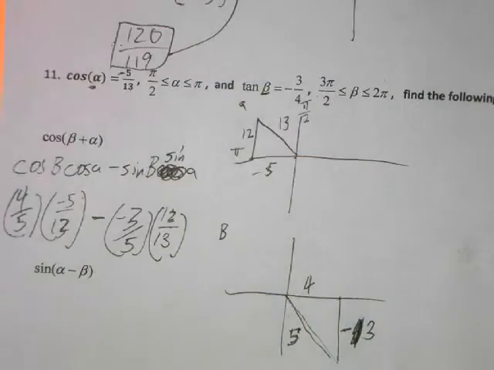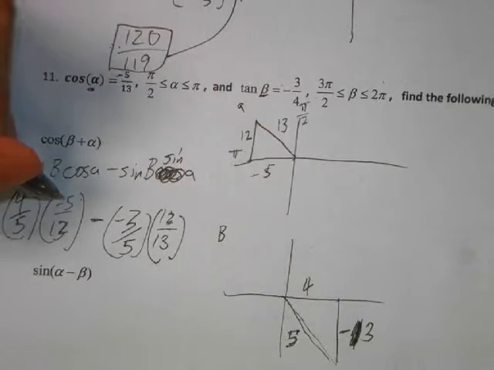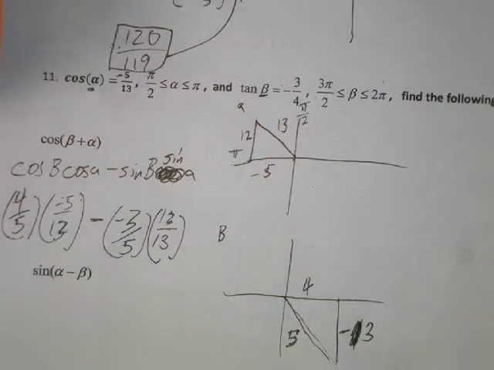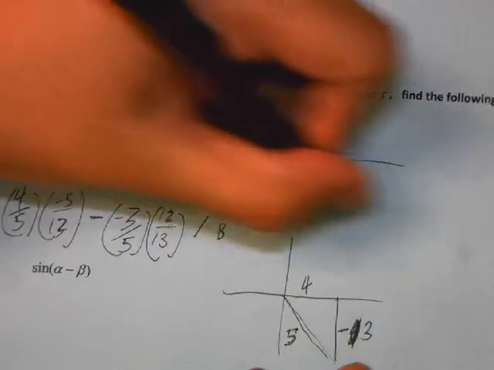Now we can go ahead and start doing the math for this. This is going to be negative 20 over 65 minus negative 36 over 65. So we get 61 over 65, I believe, when we do all of this.